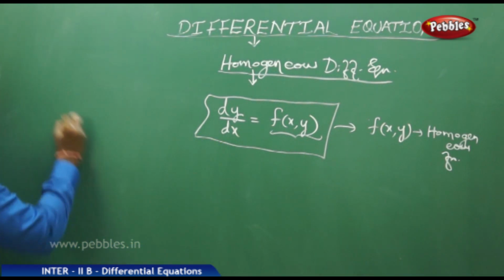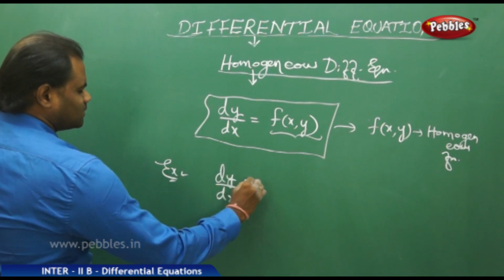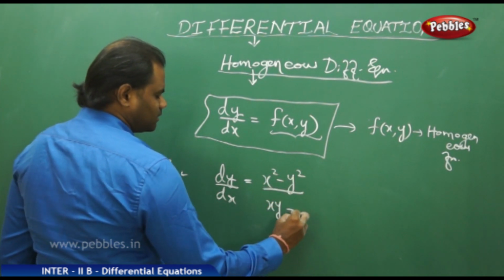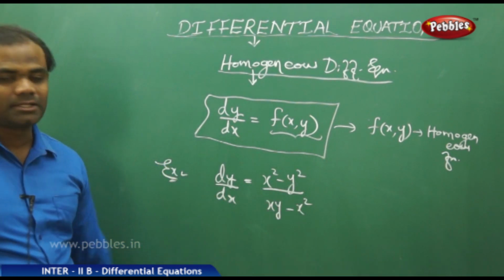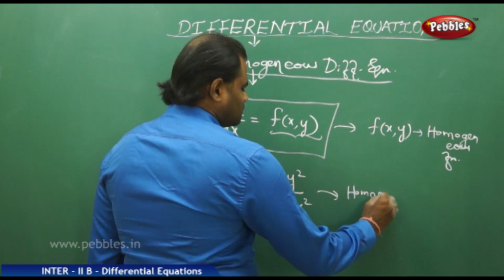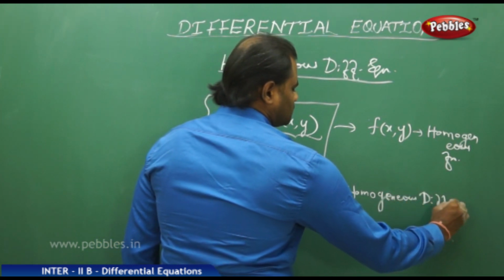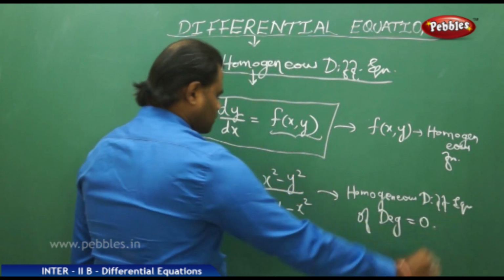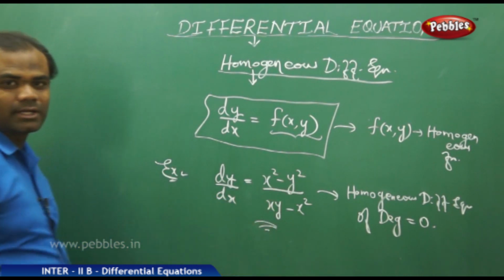For example, dy by dx equals x square minus y square by xy minus x square is an example of a homogeneous differential equation of degree 0, because this function has degree 0, is how we understand.